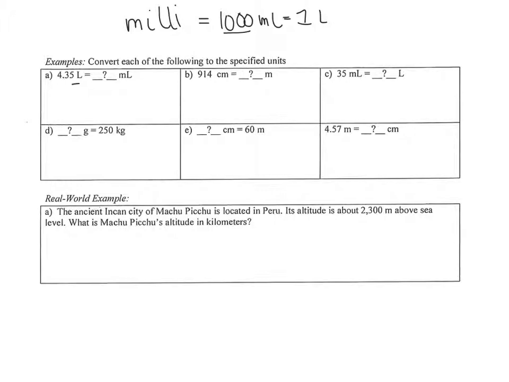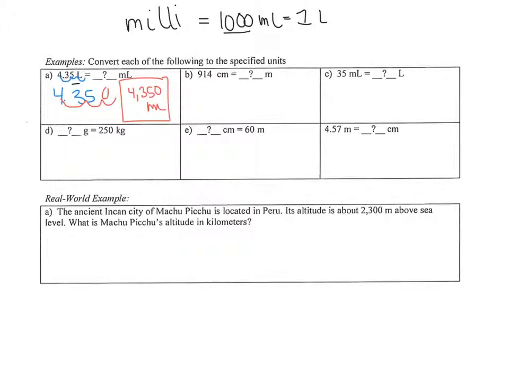Think about moving the decimal over 3 times. 1, 2, 3. So I'll write it bigger so you can see it easier. If I move the decimal over 3 times, it goes 1, 2, 3. There's a little spot here that I need to fill in with a 0. So the answer is 4,350 milliliters.